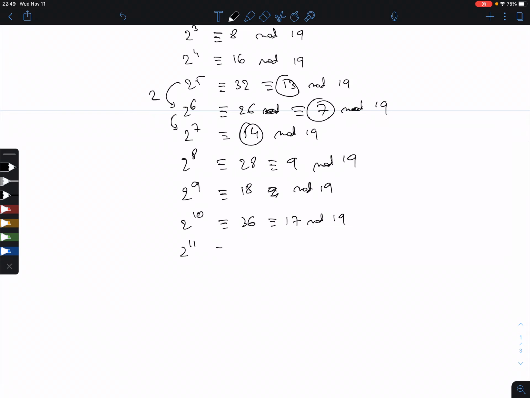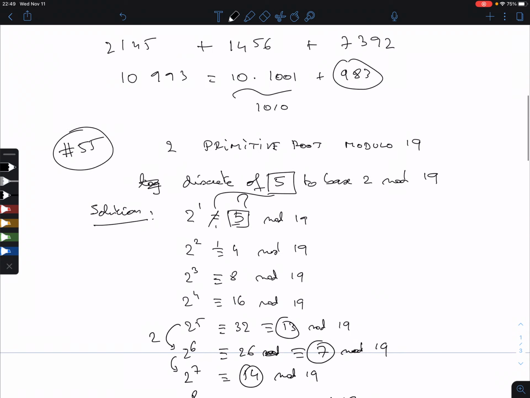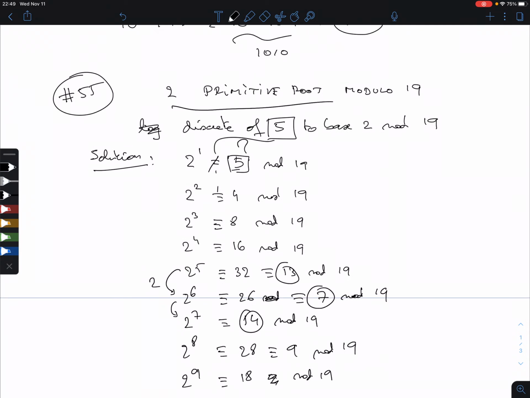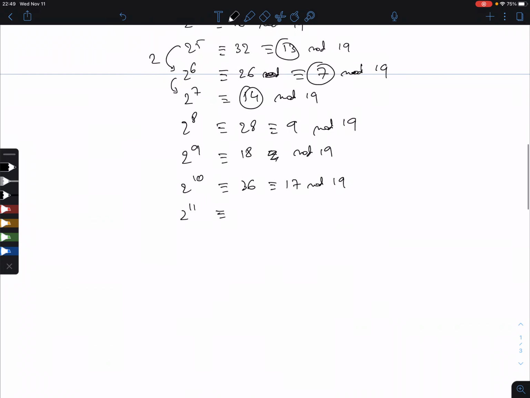2 to the 11th. Now, since 2 is a primitive root, we must at some point get 5. That's exactly what it means to be a primitive root. So 2 to the 11th, that is 34. I'm always doubling this guy, right? 34 is the same as 15 mod 19.